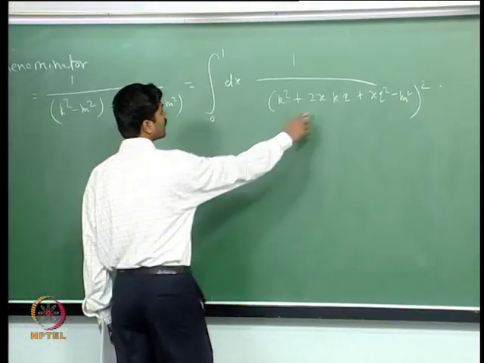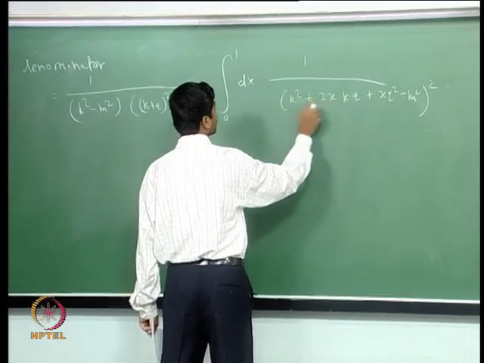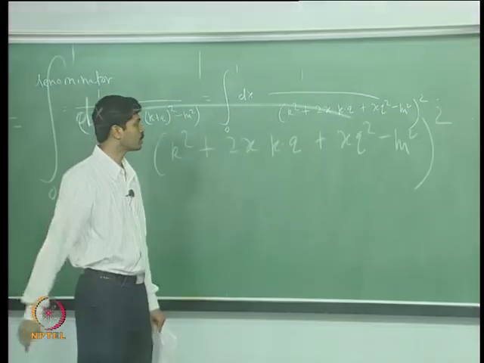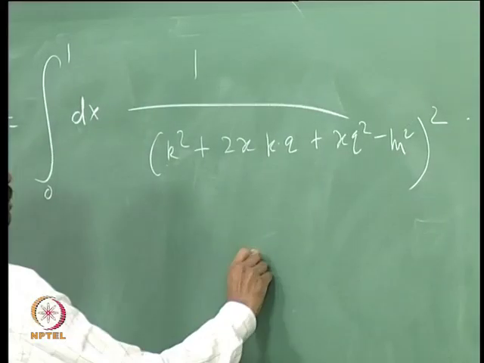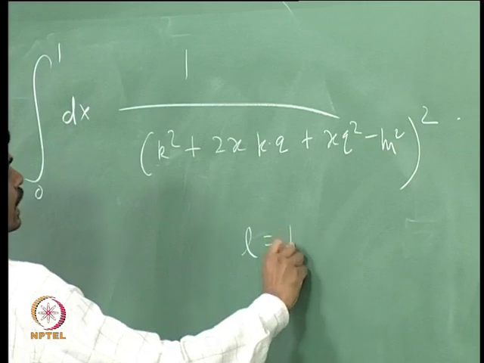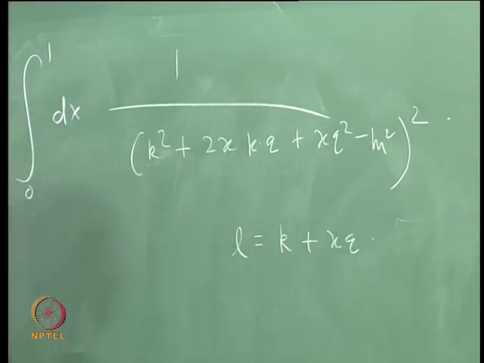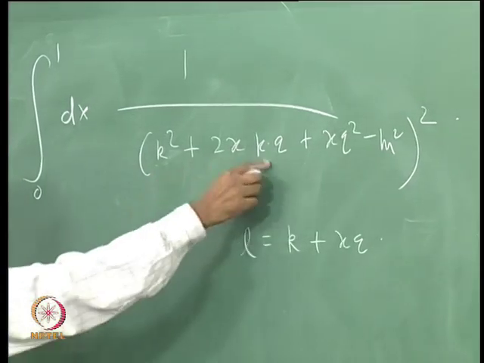And now again you see there is a linear term in k and there is a quadratic term in k. I want to complete the square. So, I will introduce the variable L, which is basically k plus x q, and I will express it in terms of L squared.